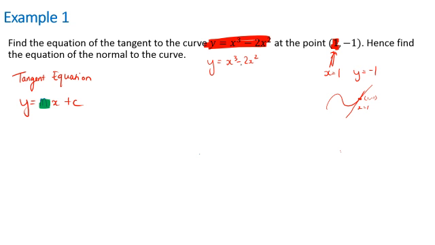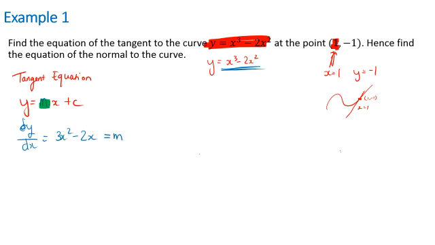Now the curve is x cubed minus 2x squared. So dy/dx will give me 3x squared minus 2x. So this will technically tell me my gradient. But remember, this is only a gradient function.